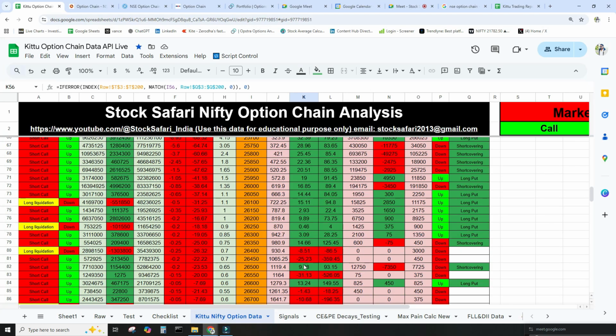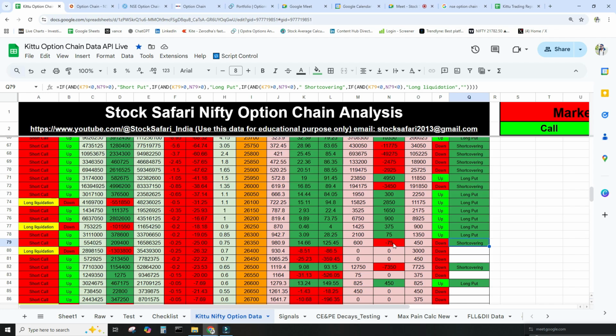In this particular area we can see short covering happening. Earlier for this particular contract we might have already seen long put. That means the price is increasing and open interest for this contract is also increasing, but they have taken the profit.